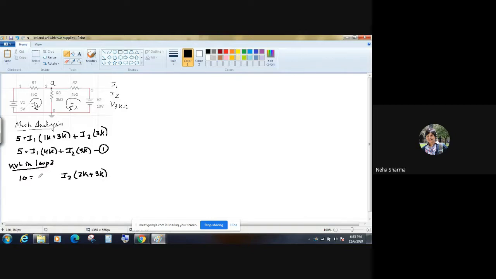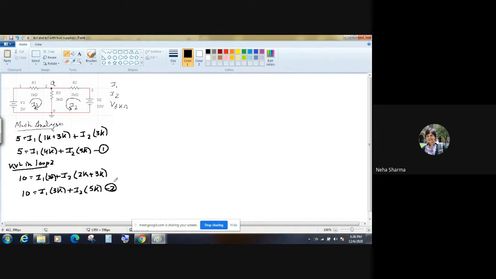And now since through 3K, I1 is also flowing, and both I2 and I1 are flowing in the same direction, as a result, plus I1 times 3K. So my final equation looks like this. It is 10 is equal to I1 times 3K plus I2 times 5K.